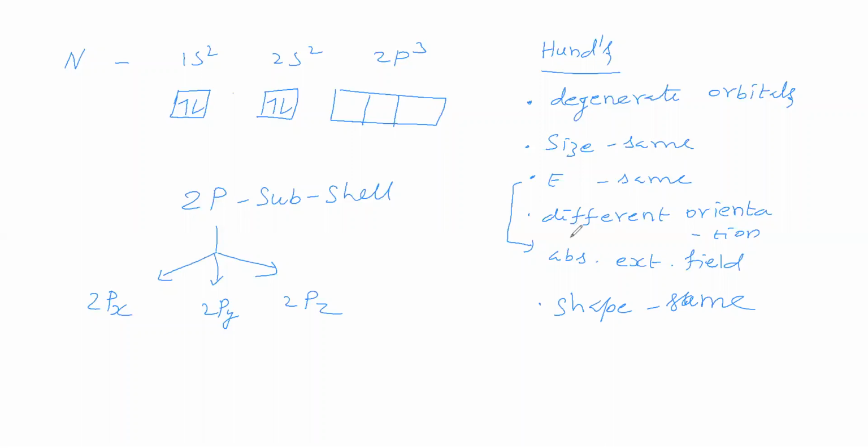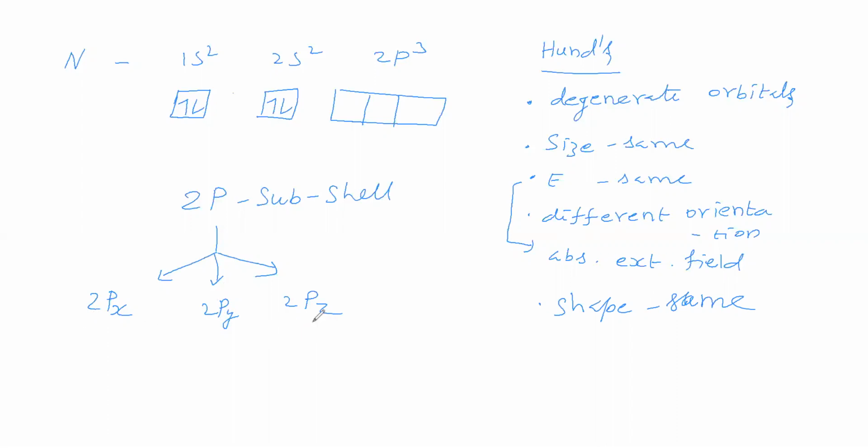Then energy. Remember that the external field should be absent; then only the energy will be the same. So 2px, 2py, 2pz all have the same energy in the absence of an external field.